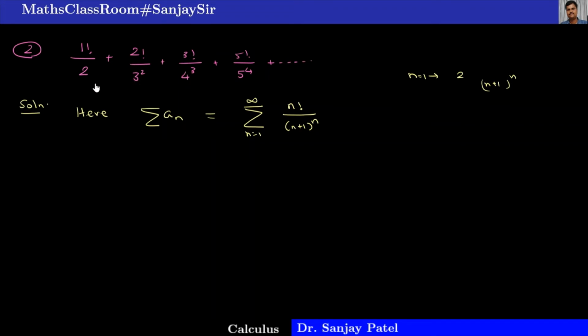For n equal to 1, we want 2, so I must write n plus 1 here to get 2. For n equal to 2, we will get 3. Now you can verify. And the powers start from 1, 2, 3 and so on, so we must write n here in the exponent. Therefore, we have a_n equal to n factorial upon (n+1) raised to n.